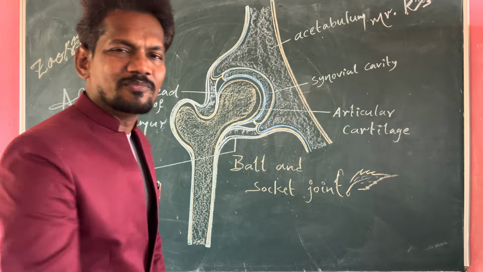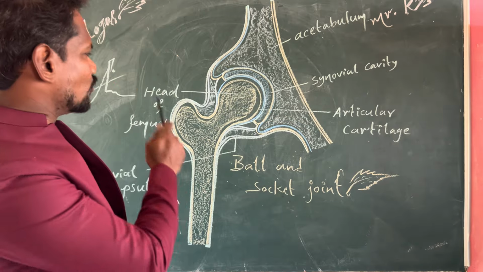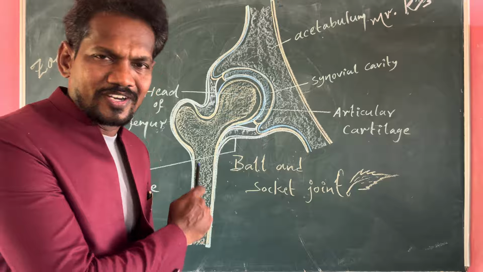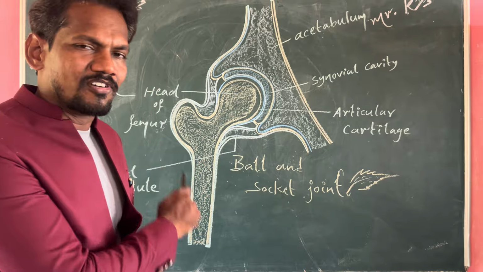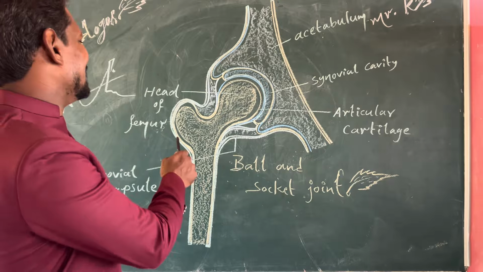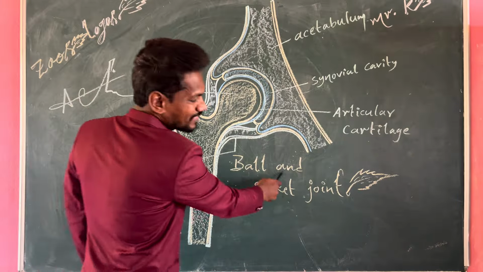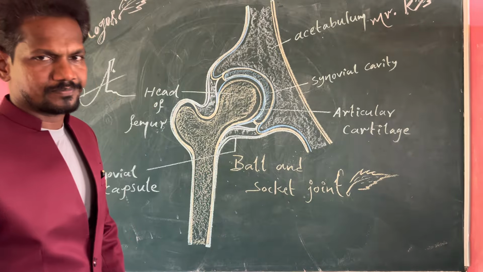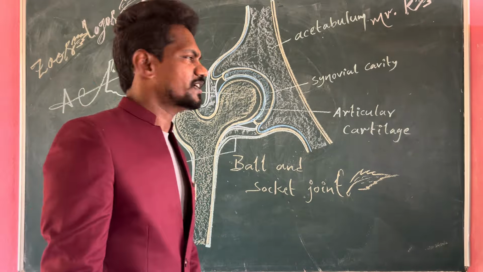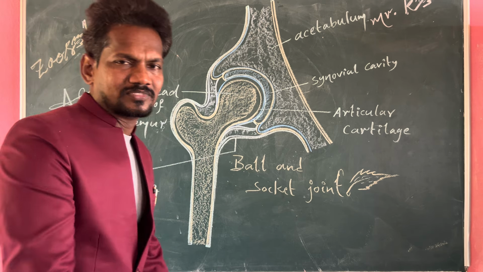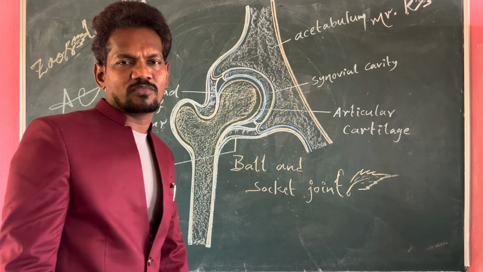These are freely movable. So here one of the synovial type of joint is there on the board in the form of diagram. That is ball and socket joint. Let's see where these type of joints are present in our human body.